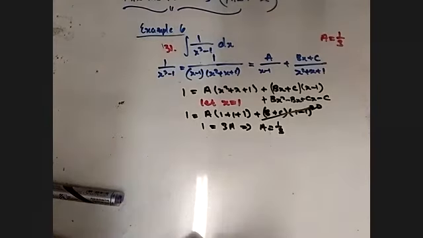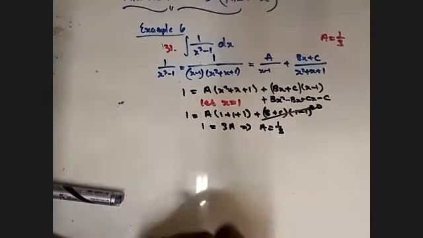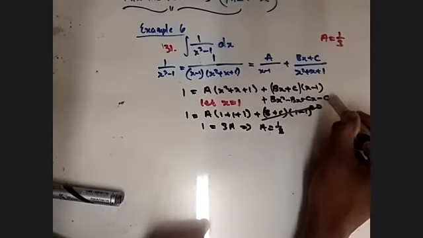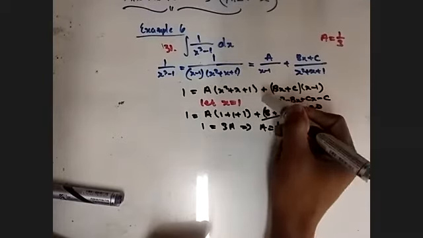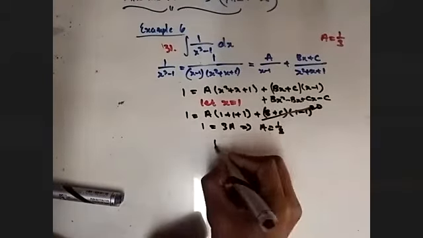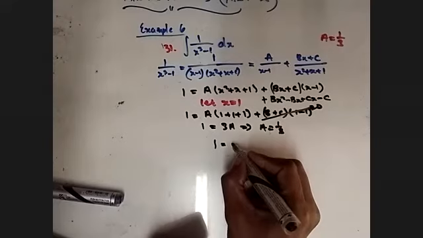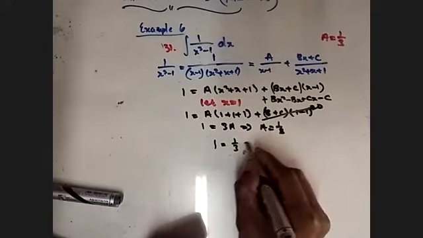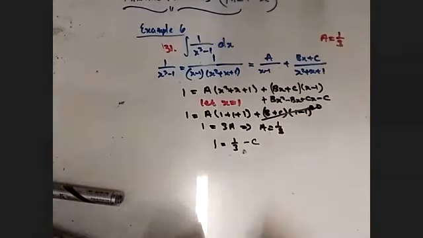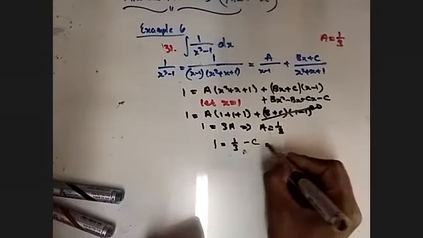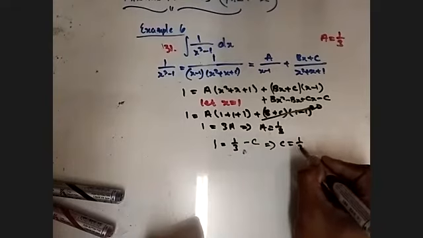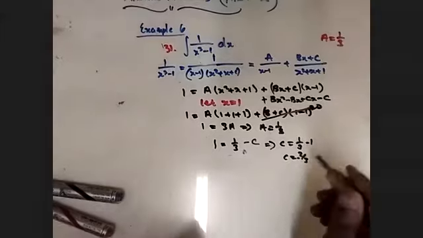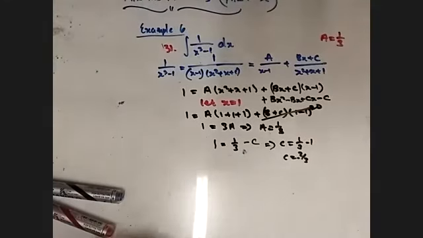For me to find B or C, the constant term is negative C plus 1/3, which equals 1. So 1 equals 1/3 minus C. You take this C to this side and this 1 to this side. Then C becomes 1/3 minus 1. Our C becomes negative 2/3.